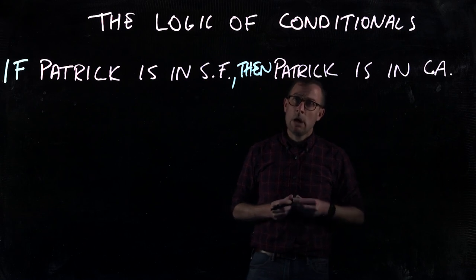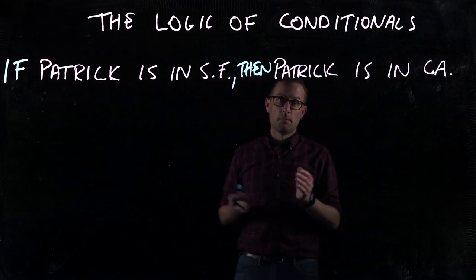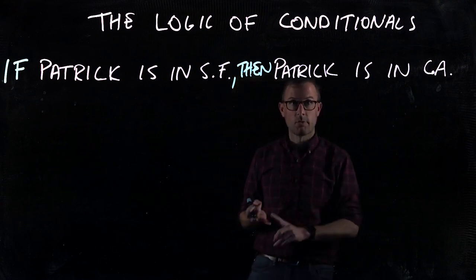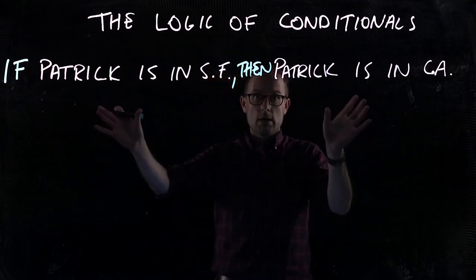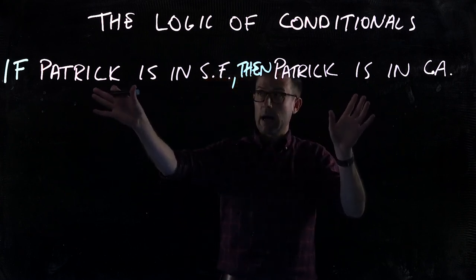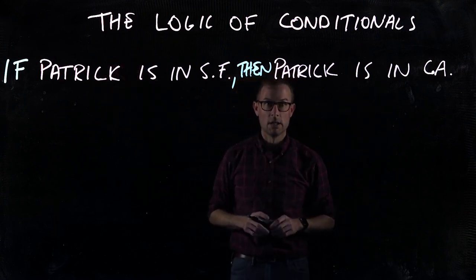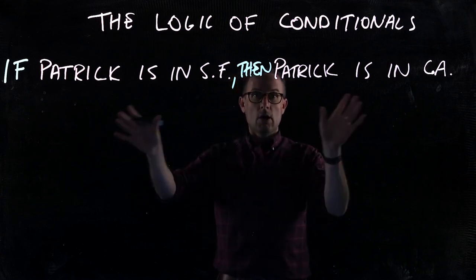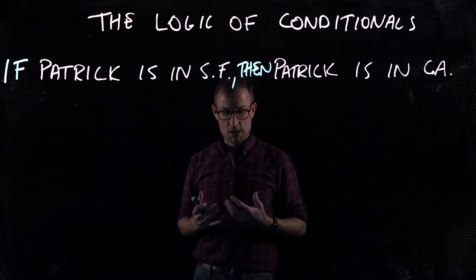Now what distinguishes conditionals from some of the other complex propositions, say like conjunction or disjunction, has to do with the ordering here. The part captured by the if and the part captured by the then in the conditional claim each play their own role in the proposition, in terms of a condition.